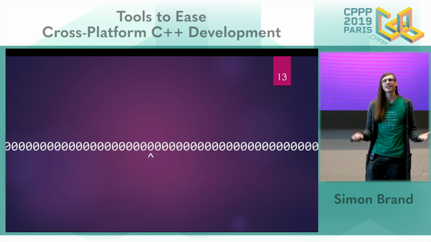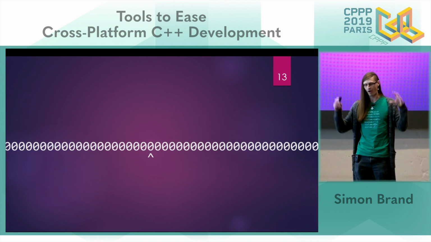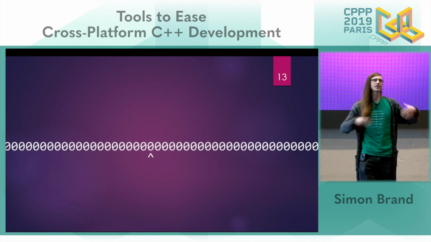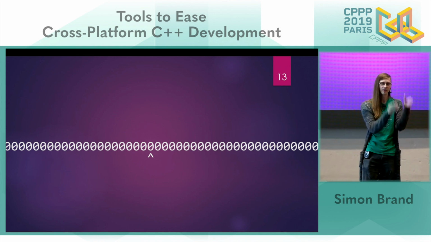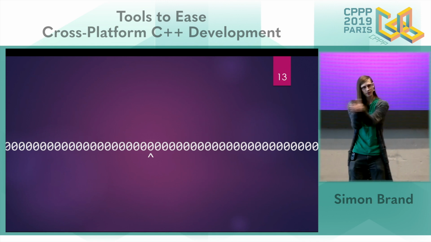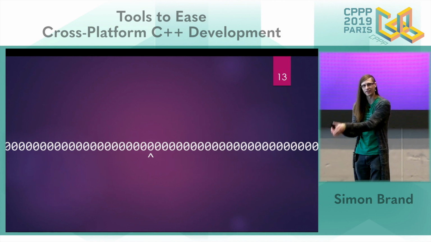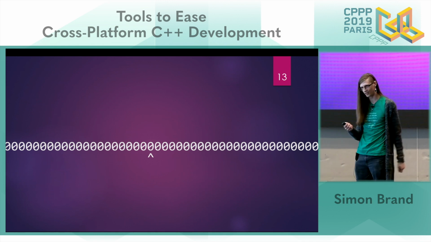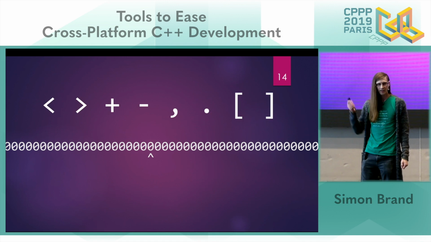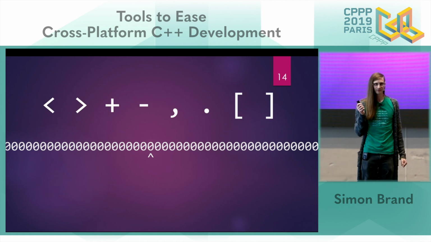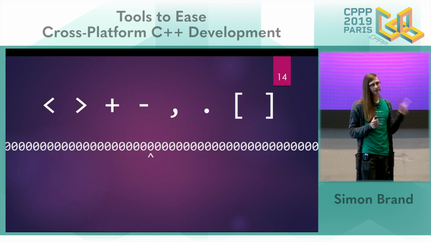This is just like a classical Turing machine. You have an infinite tape. You're doing some kind of symbolic manipulation. You have a tape head, which is tracking along, reading things, writing things, doing computations. We have 8 instructions. Each instruction is a single character.